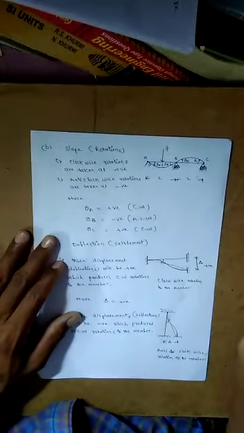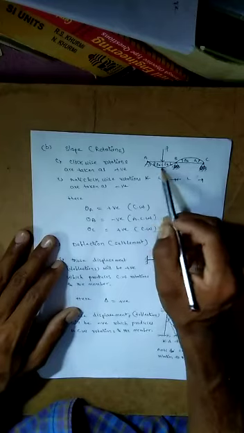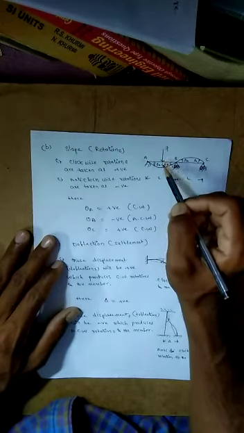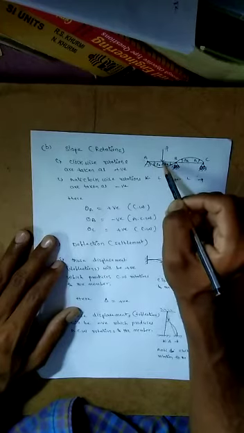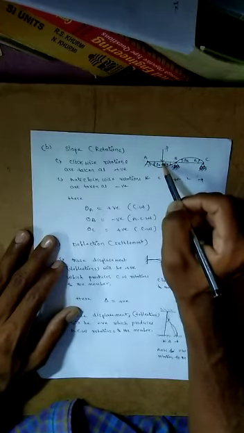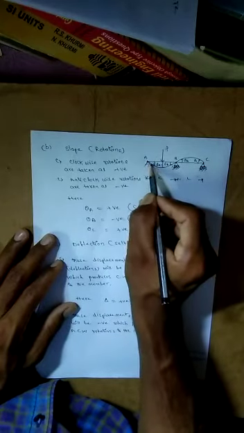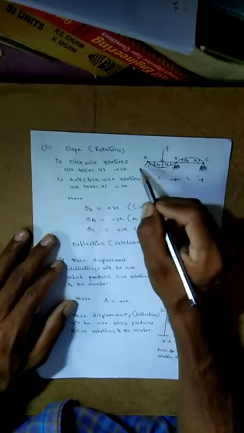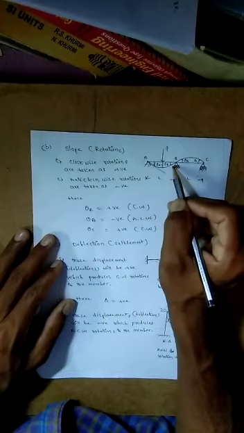Next, slope, which is called rotation. Here is a continuous beam, and this is the elastic curve I am drawing. A point load is applied here, the beam is deflected, that is the delta. You can draw a tangent line, and this is called theta. This is the rotation.